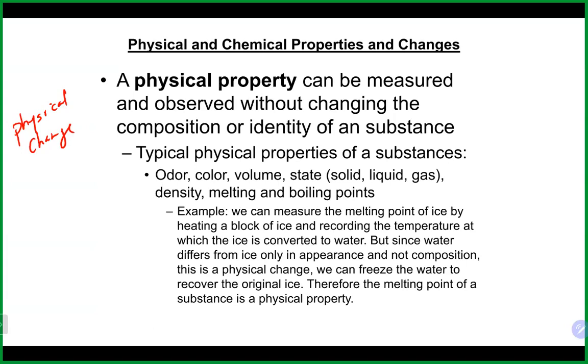So physical properties are things like odor, color, volume. The most common physical properties that we come across a lot are states of matter, like is it solid, is it liquid, is it gas? Melting and boiling points are also physical properties.